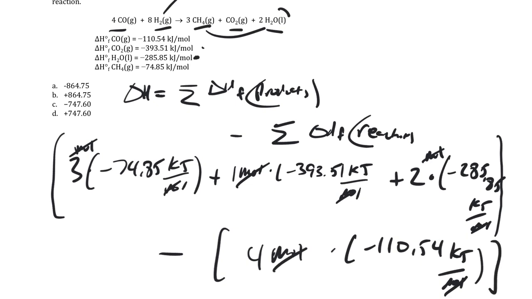So 3 times negative 74.85 plus 1 times 393.51 plus 2 times negative 285.85. Syntax error.